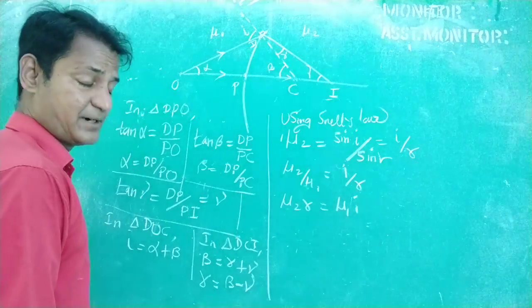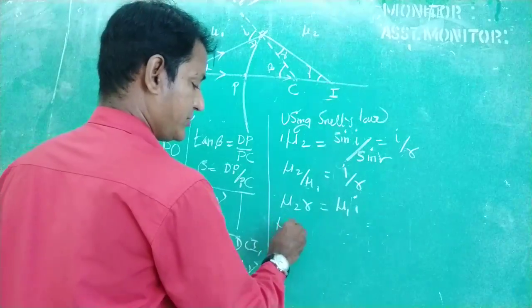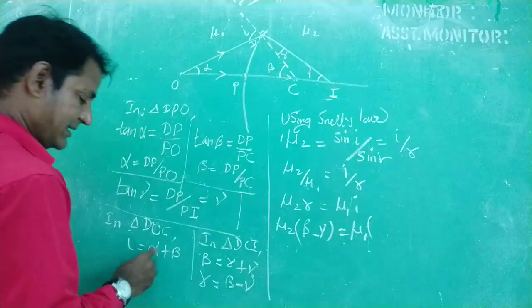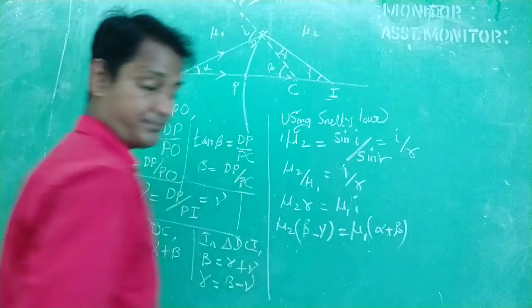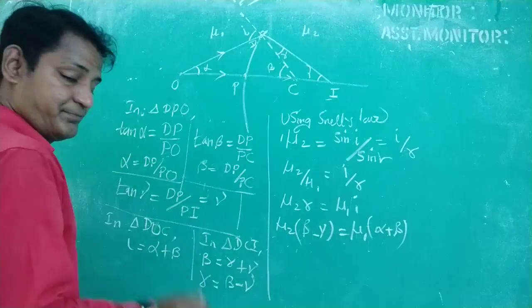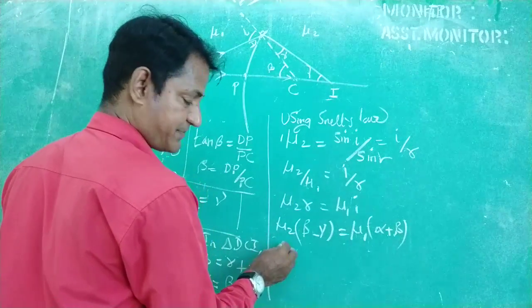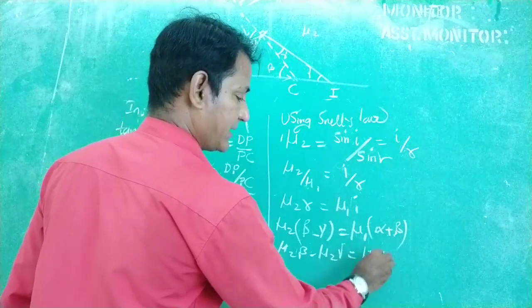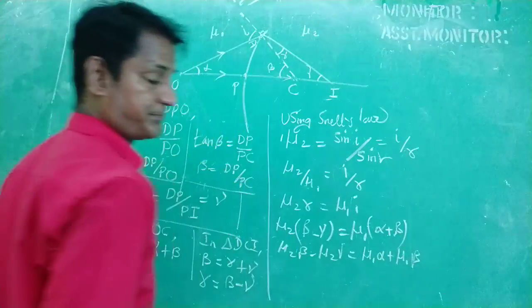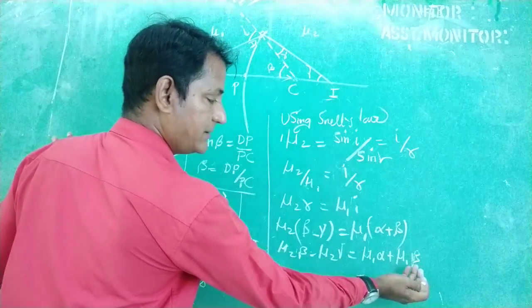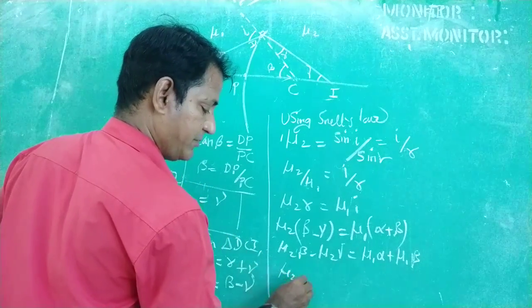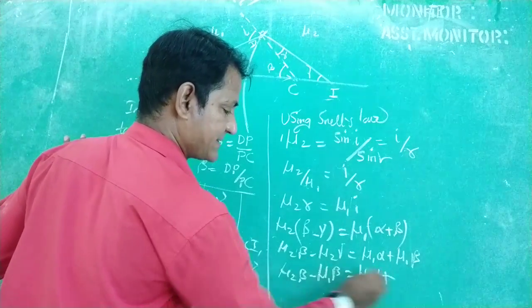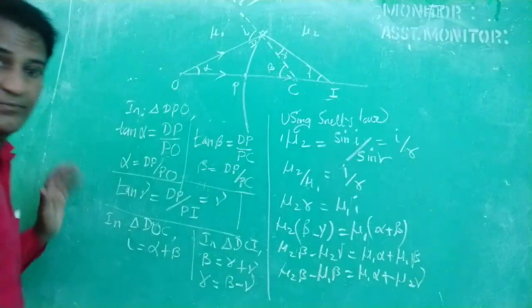Let me substitute the values of r and i: mu2 times beta minus gamma is equal to mu1 times alpha plus beta. Expanding, mu2 beta minus mu2 gamma is equal to mu1 alpha plus mu1 beta. Bringing mu1 beta here, mu2 beta minus mu1 beta is equal to mu1 alpha plus mu2 gamma.